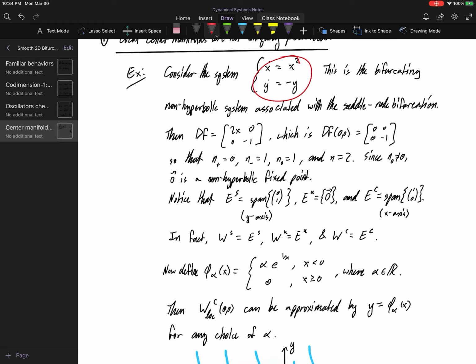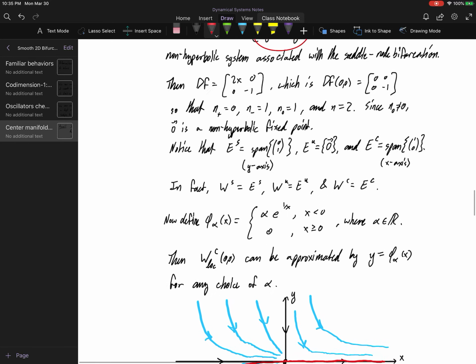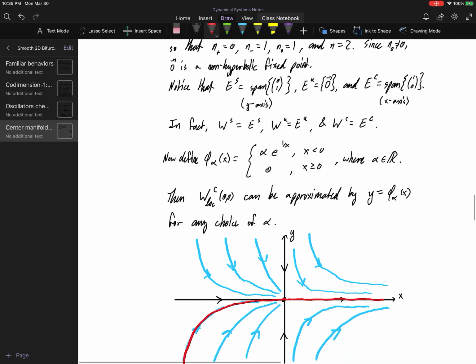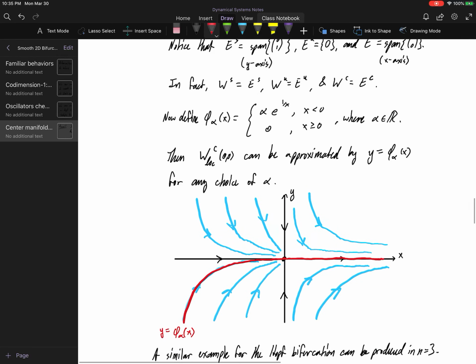That's where this e to the 1 over x comes from, and we're going to make sure this happens for x less than 0. We're going to choose which side of 0 this solution exists on. And this non-trivial piece will be on the left side, and this is going to be a solution for any choice of alpha. And in fact, you can check the Taylor series on this guy, and the Taylor series is actually really boring. The Taylor series is actually the constant 0 function.